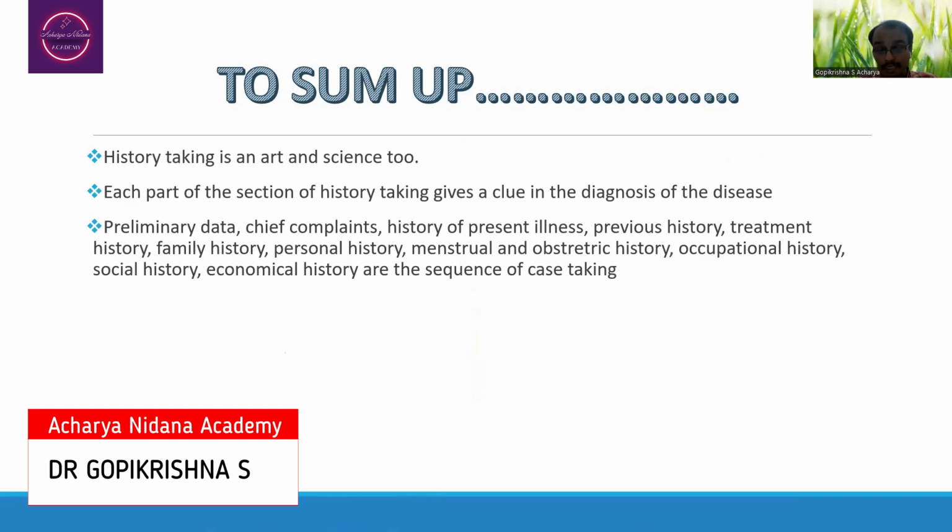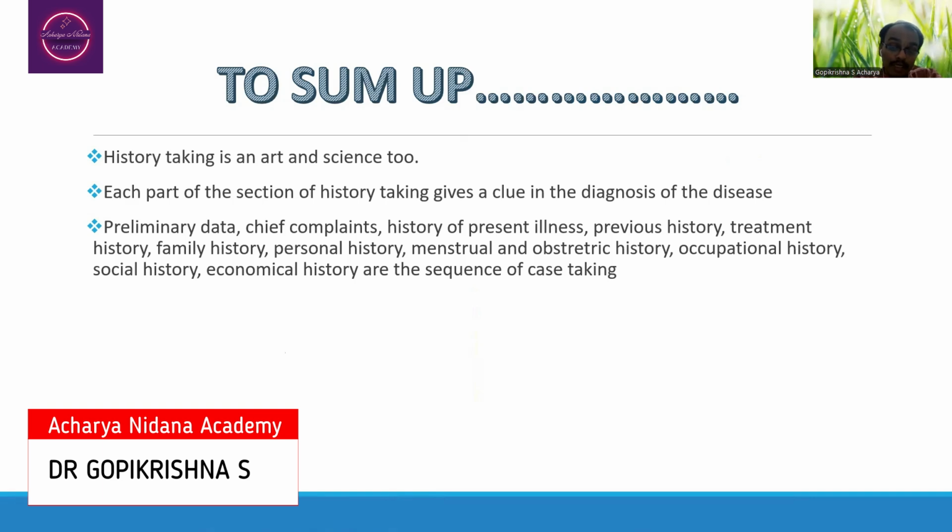In terms of the personal history, that is noting about the individual lifestyle in terms of diet, sleep, bowel movements, or any kind of habits, etc. In the case of females, we are going to record the menstrual and obstetric history, wherein on most occasions we are going to predict the possibility of an Apanavata involvement.